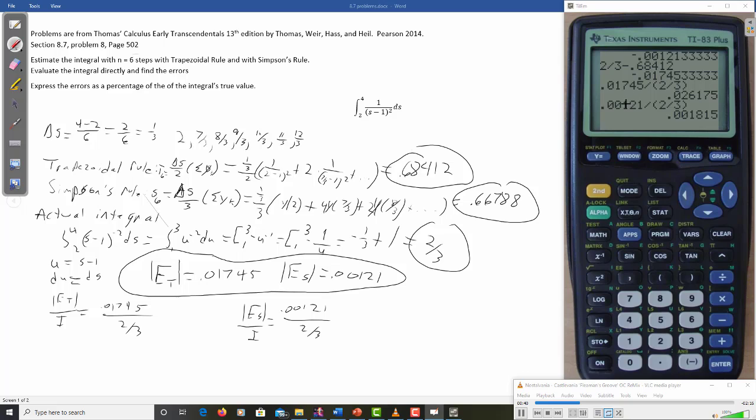This one would be 0 if I rounded to a whole percent, so let's round to 1/10%. So this will be 1.7%, and then this would be 0.1%. So those are the percentage of the integral's true value. The percentage error.